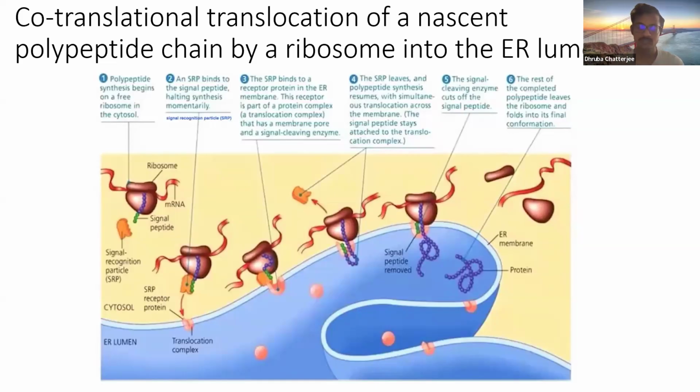So during this co-translational translocation, the proteins are also incorporated in a certain orientation. For example, if you have a plasma membrane protein which has a receptor domain that needs to face the extracellular matrix, then you just backtrack its journey. It must have come from the Golgi apparatus within a vesicle, right?